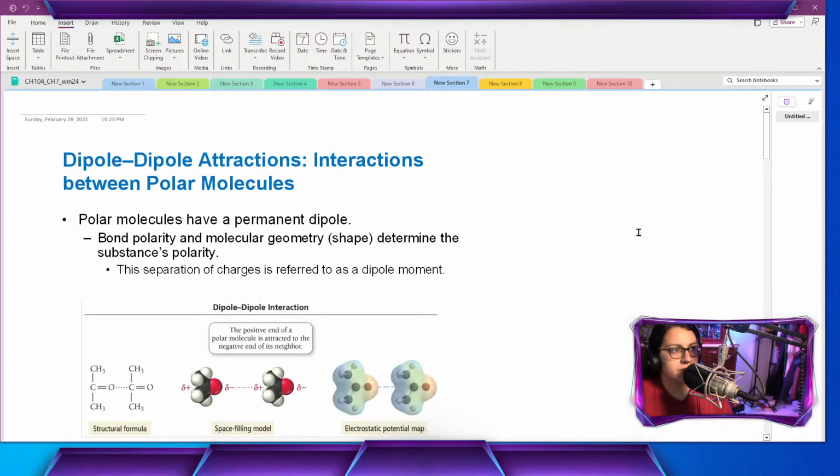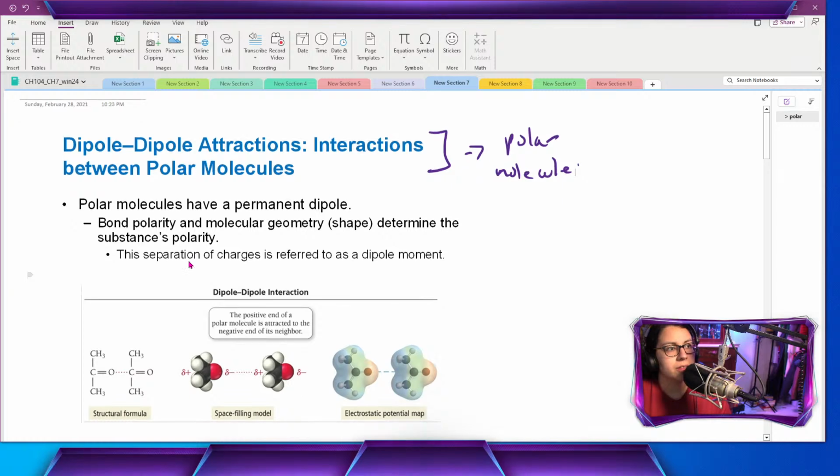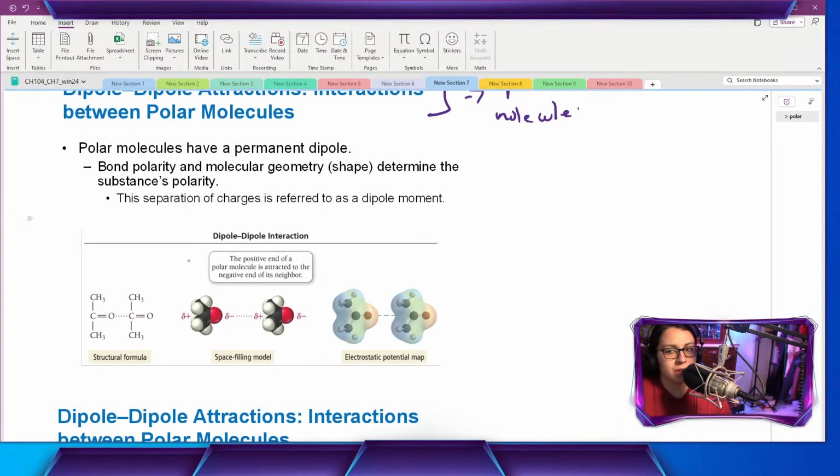All right, our next strongest intermolecular force is the dipole-dipole. And so this is anytime we have a polar molecule. And so our polar molecules, remember, they have a permanent dipole. And again, this suggests an unevenness in the molecule.